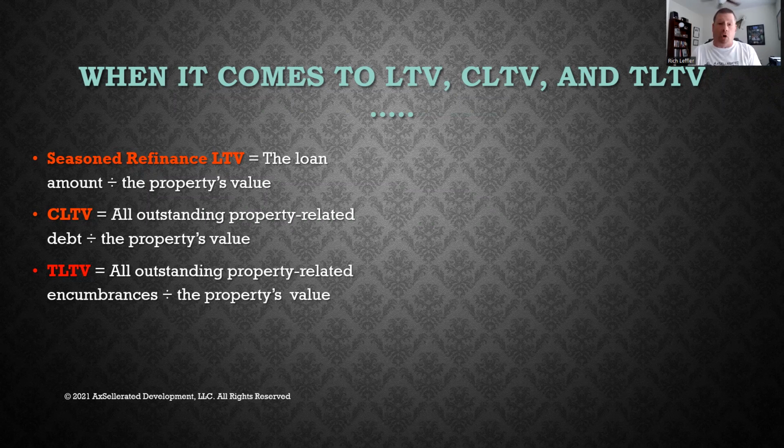TLTV, which stands for total loan to value, which, by the way, is synonymous with HLTV, high loan to value, and HCLTV, high credit loan to value, three names for the same thing, represents all outstanding property-related encumbrances in relation to the value of the property. So let me illustrate this a little more effectively through an example.